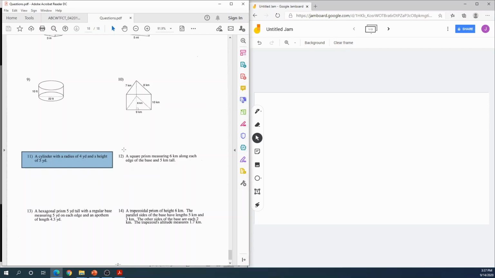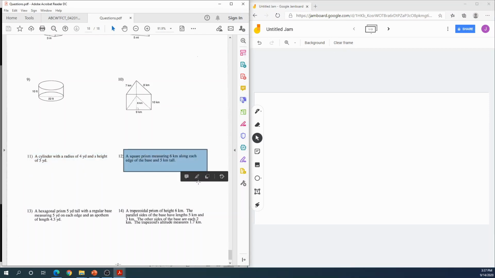So let's look at problem number 12. Find the volume of a square prism measuring 6 kilometers along each edge of the base and 5 kilometers tall. Now you have to forgive me here because I cannot draw a square prism.